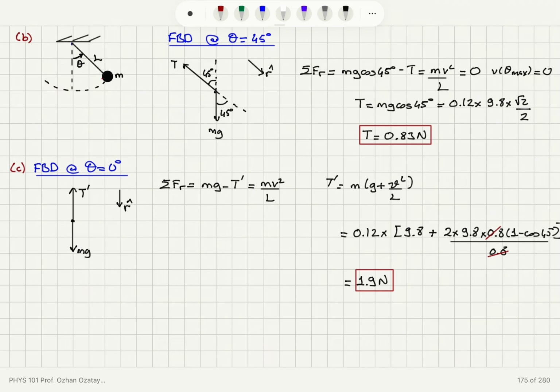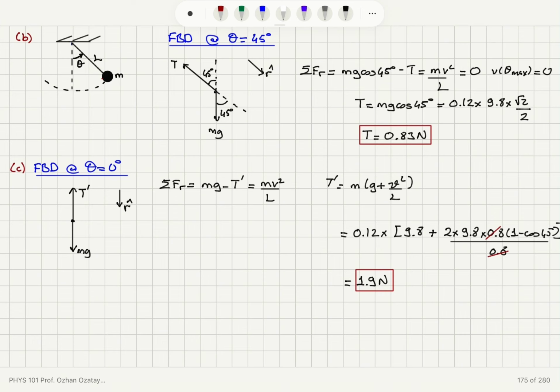Since this is a circular path, I can write the centripetal force to be T minus mg cosine 45 equals minus mv squared over r, but the speed at the maximum angle is 0, so this gives us tension equals mg cosine 45. And in the vertical position, T prime minus mg is the centripetal force, which is equal to minus mv squared over L.